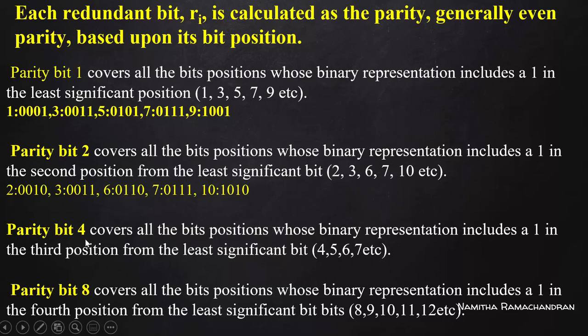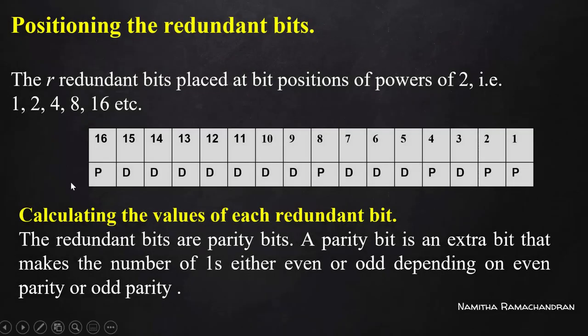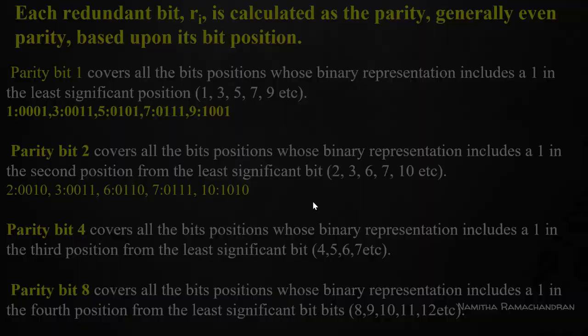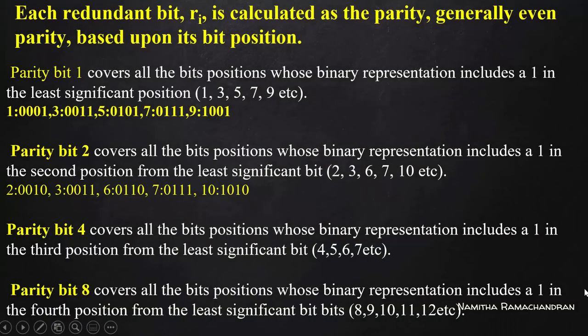So for setting a proper value for parity bit 4, we need to consider the value present at positions like 4, 5, 6, 7, etc. And for setting a proper value for parity bit 8, we need to consider all the positions whose binary representation includes a 1 in the fourth position from the least significant bit.